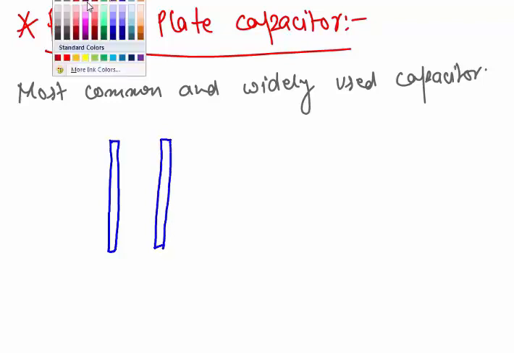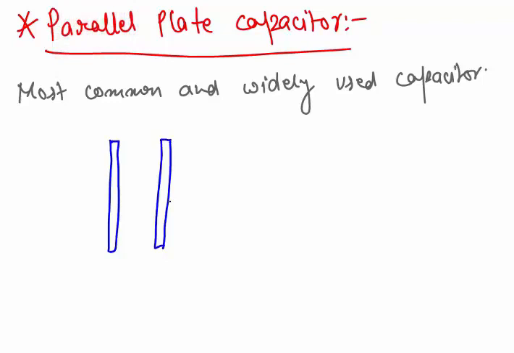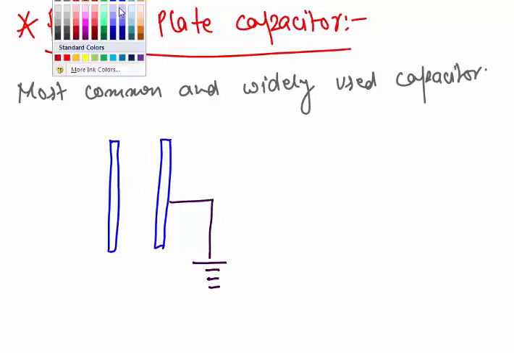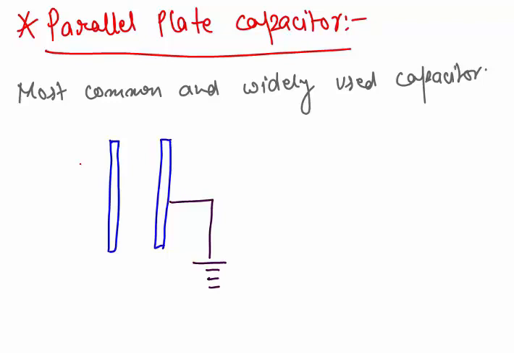Now, one side of this plate is earthed. This earthing has been provided, and a plus Q charge is provided on this first plate, plate 1, and this plate is insulated.